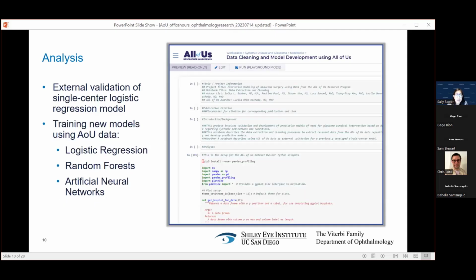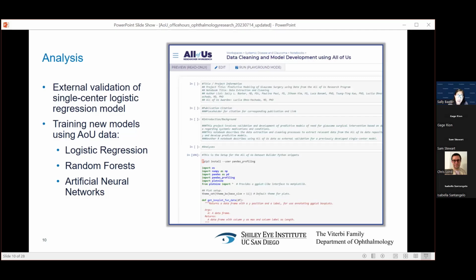And so once we built our cohorts and defined our concept sets, then we can spin up notebooks and analyze that data. And if anyone is interested in using our data, the data for this project is actually a published workspace on All of Us. So I think if you look for systemic disease and glaucoma, you'll be able to see all our notebooks, and we have it organized into different notebooks for the initial data cleaning process and the data wrangling, how we developed the different models, and then a notebook that just has our best performing models, which lines up with what was published in our paper.